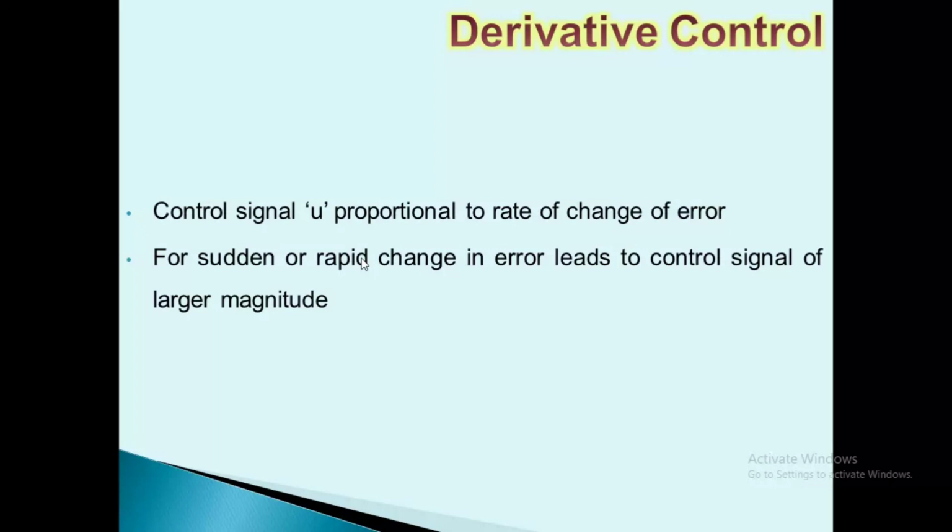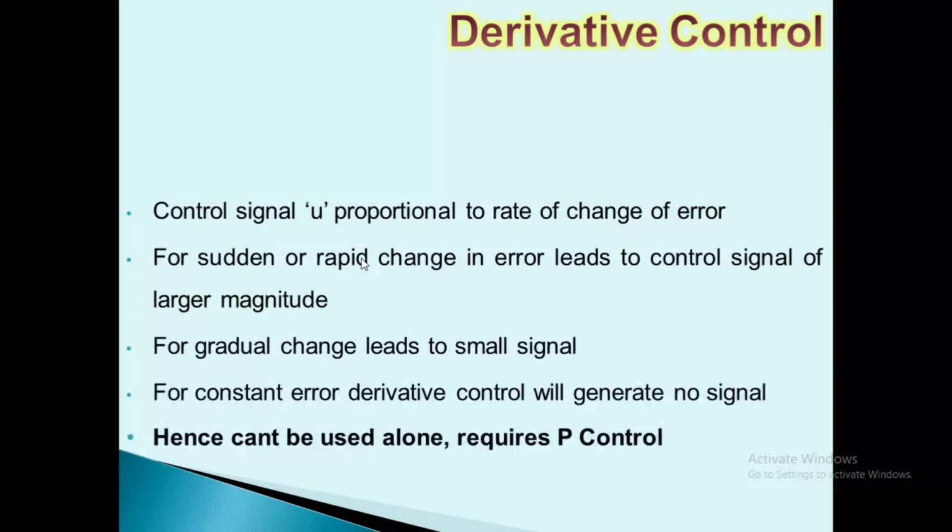For sudden or rapid change in error, it leads to a control signal of larger magnitude, and for gradual change, it leads to a small signal. For constant error, derivative will generate no signal. Hence, it cannot be used alone, because the derivative of a constant is always zero mathematically. That's why for constant error derivative doesn't generate any kind of signal, and the derivative signal cannot be used alone.